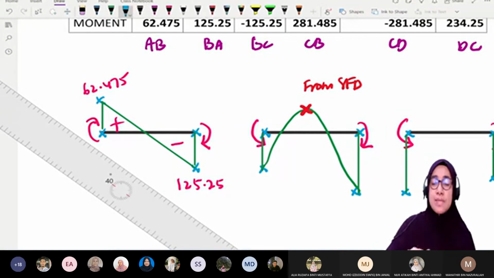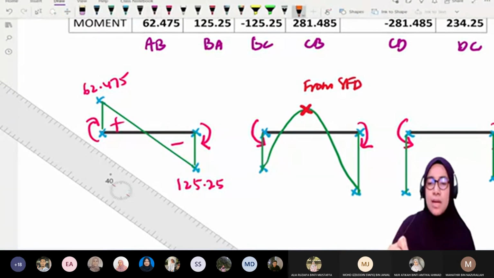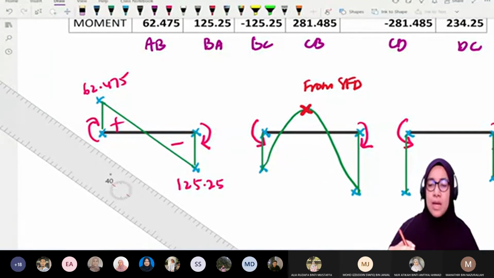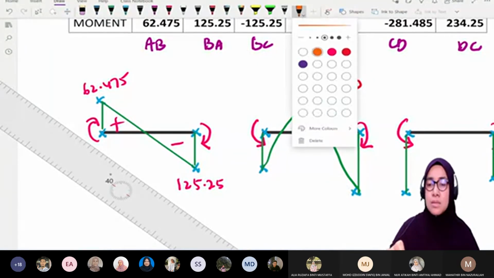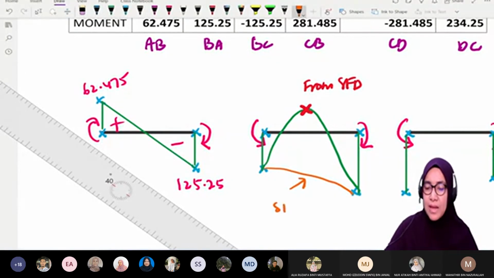Kalau dia trapezium, kita tak tahu dia punya maximum moment tau. Dia jadi macam ni je. Contoh kalau kita dapat trapezium, dia akan dapat macam ni. Yang ni kalau trapezium. Kalau triangular yang ada intersection, ada maksimum. Kalau tak ada, kalau trapezium dapat macam ni. So yang ni kalau shear force diagram trapezium.